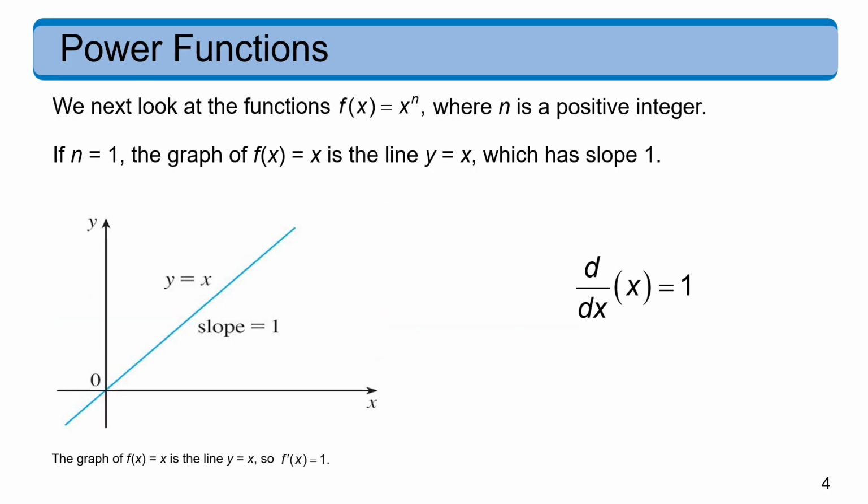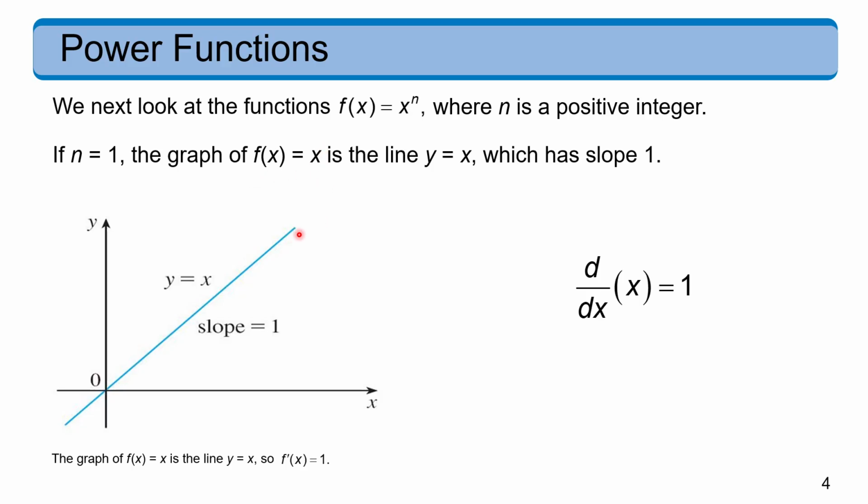We're now going to work towards finding a shortcut for taking the derivative of a power function. A power function looks like y equals x to a constant power n, where that power n is a positive integer. So we're going to build our way up. Let's start when n is 1. Now f of x is just x to the first power.